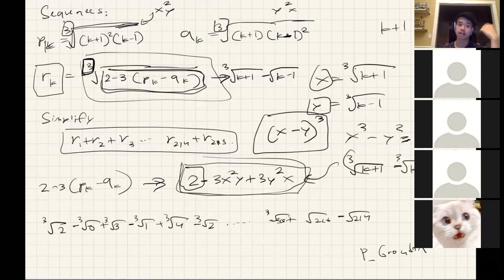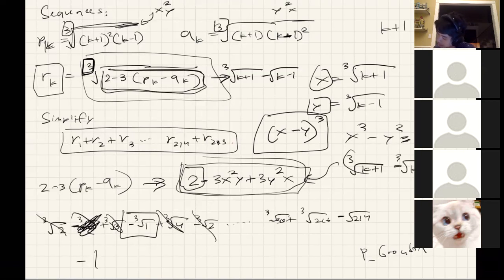So the last trick this question has is that it doesn't really telescope in the usual way, right? This term is not going to match with this term. Not all of the terms are going to cancel out. So this term obviously is going to equal 0. This term cancels out, this term is going to cancel out, this term is going to cancel out. Minus the cube root of 1, which is negative 1, that is not going to cancel out.